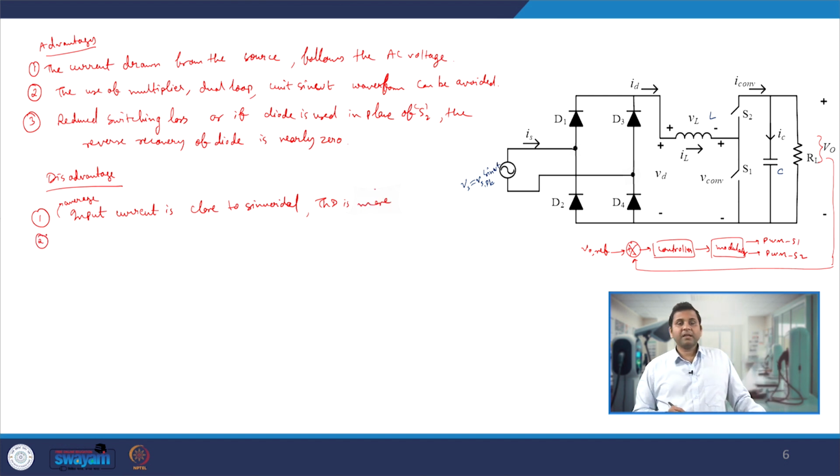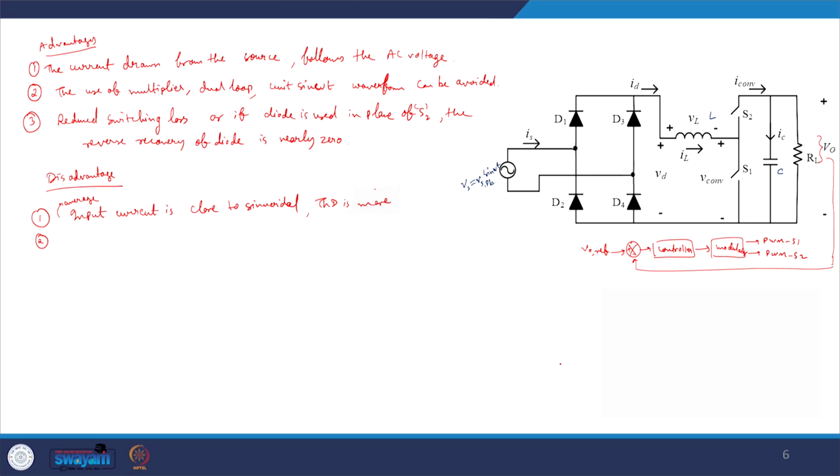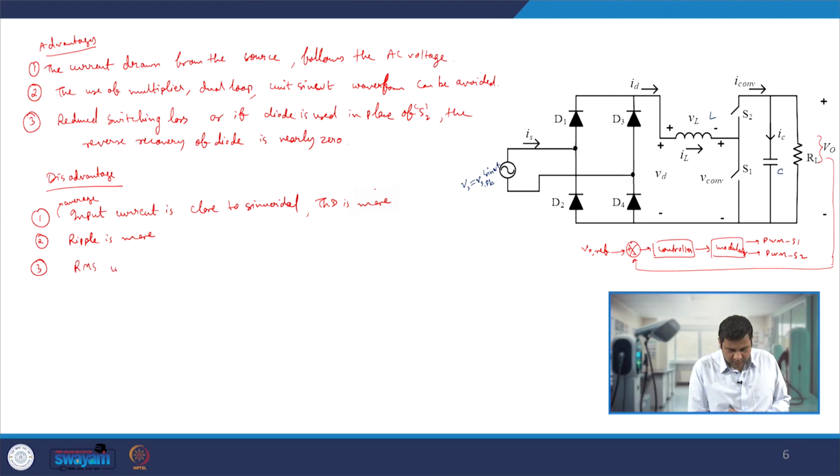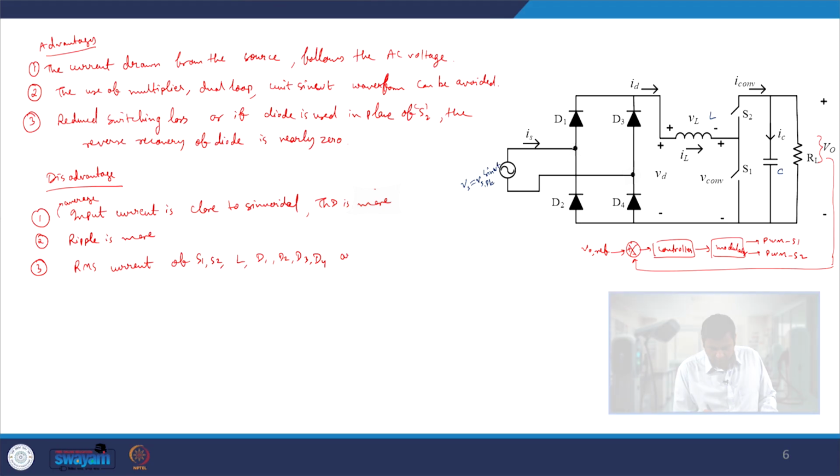Second, since the peak is varying sinusoidally while the average is only close to sinusoidal, the ripple is more, and because the ripple is more, the inductor current ripple and the switches have higher RMS currents. So the RMS current of S1, S2, L, D1, D2, D3, D4 are more.